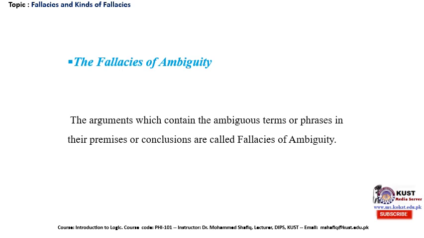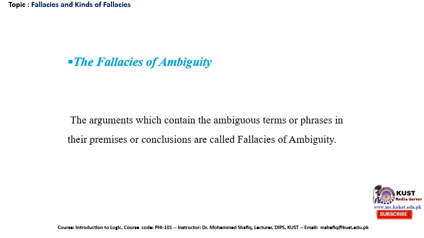The number 1 is called equivocation, and this is a kind of fallacy in which certain terms and phrases are used which have more than one meaning, and they might create some ambiguity in the argument and try to mislead us. The second one is called amphiboly.